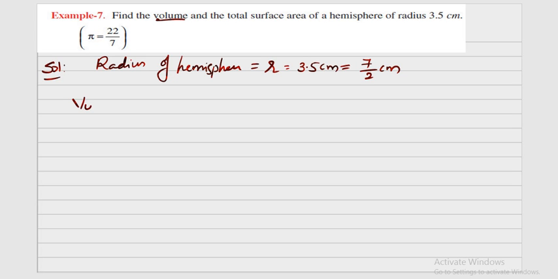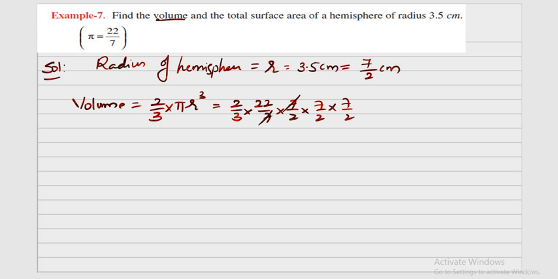Volume. So the volume of a hemisphere is equal to 2/3 pi r cube. So I can write it as 2/3 into 22/7 into r cube, which is 7/2 into 7/2 into 7/2. So 7 7 gets cancelled.